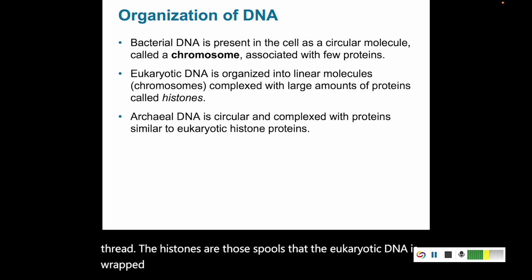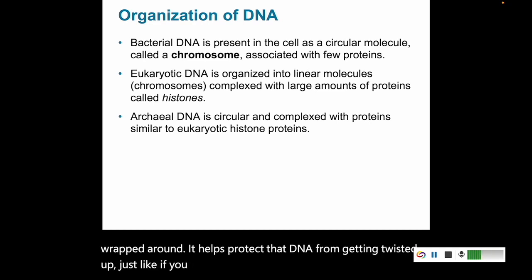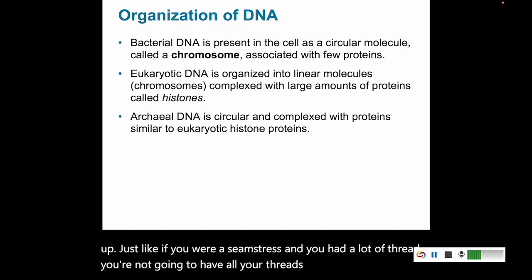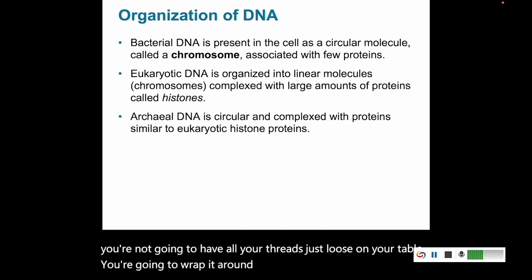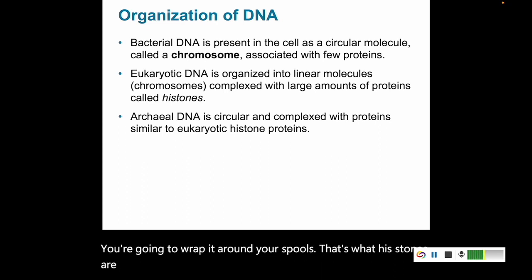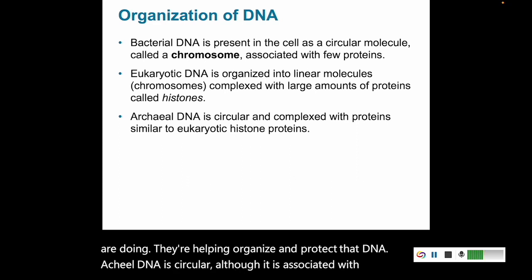It helps protect that DNA from getting twisted up. Just like if you were a seamstress and you had a lot of thread, you're not going to have all your thread just loose on your table. You're going to wrap it around your spools. That's what histones are doing. They're helping organize and protect that DNA. Archaeal DNA is circular, although it is associated with proteins similar to the eukaryotic histones.